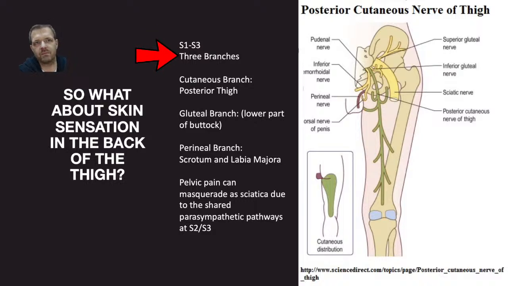So we've got 3 branches. From S1 to S3, the cutaneous branch goes to your posterior thigh. This one covers all that area there, and it's coming from your sacrum. The gluteal branch has a specific supply to the gluteal fold.